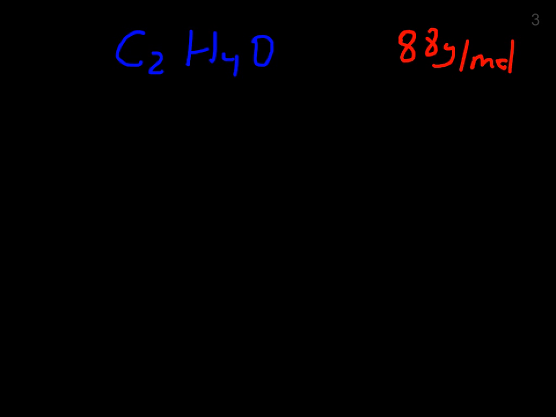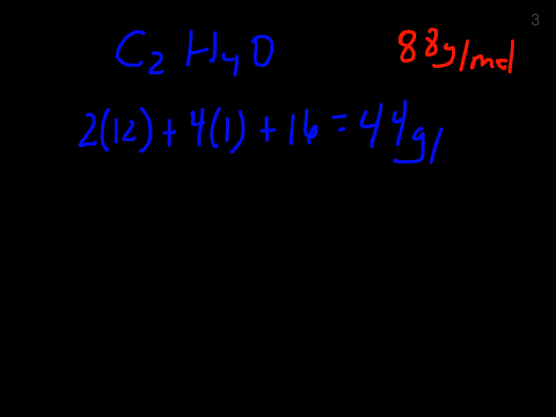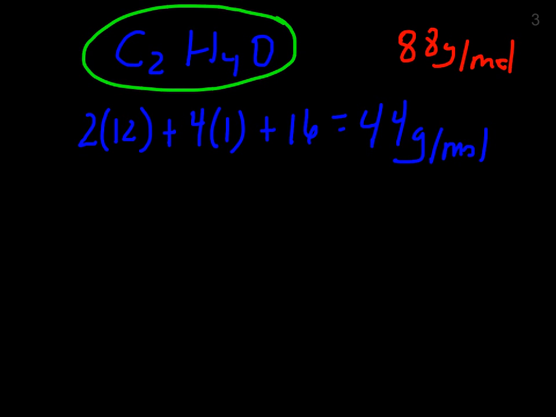Well, adding up this molecule, I have two carbons at 12 apiece. I have 4 hydrogens at 1 gram per mole apiece, and I have 1 oxygen at 16. When I add all those up, I end up with a molar mass of 44 grams per mole for this compound. Well, the molecular formula says that it weighs 88 grams per mole.